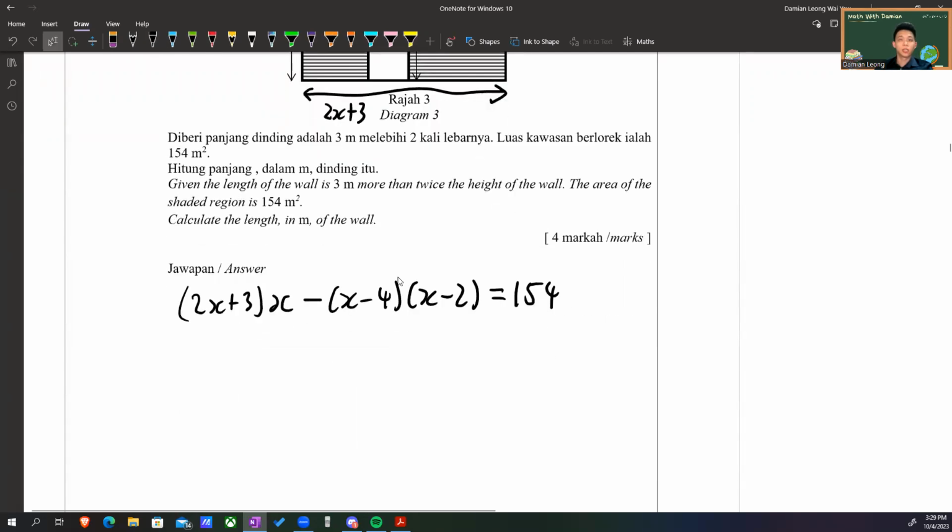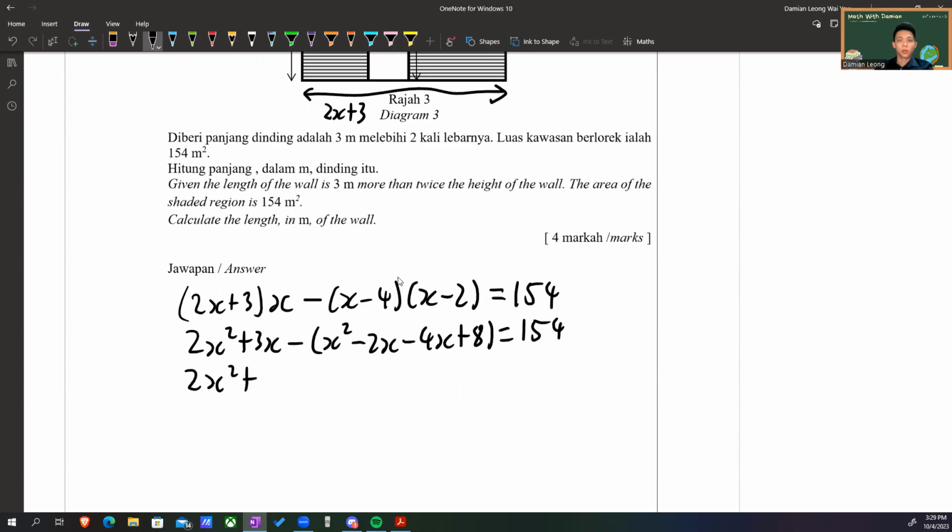Okay, then we just expand this: 2x squared plus 3x minus, let's expand this first, x squared minus 2x minus 4x plus 8 equals 154. 2x squared plus 3x minus x squared, same sign becomes plus 2x plus 4x, different sign minus 8, bring over 154, positive becomes minus.